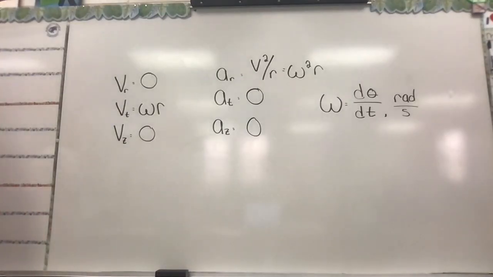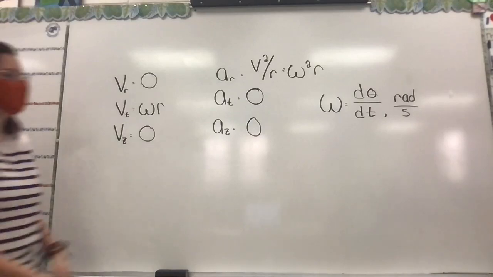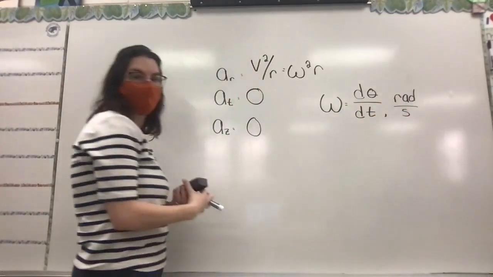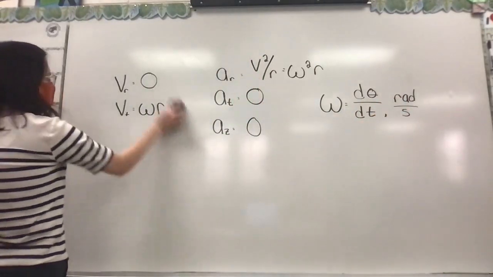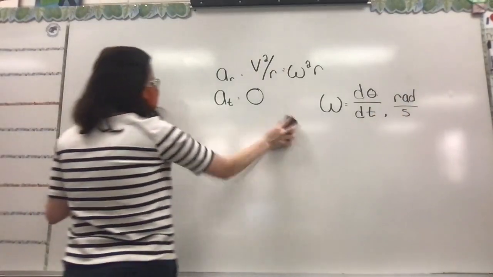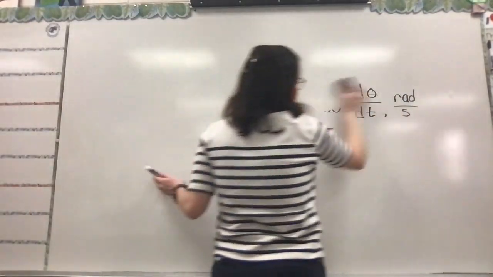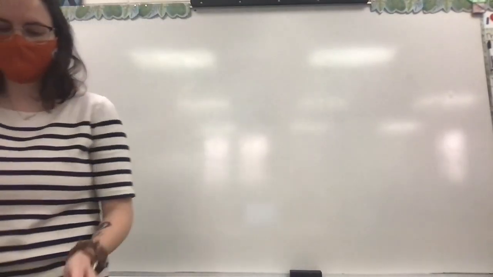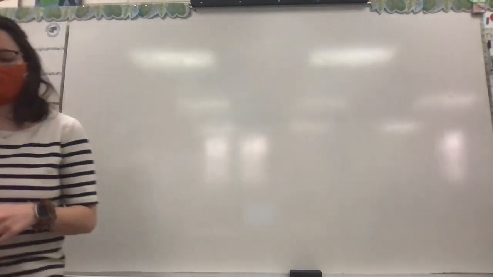Okay, so that's our new unit. We have radians per second for omega, aka angular velocity. So far, so good? And do you see how the theta over t shows us it's radians per second? Yeah? Awesome. Well, then let's keep trucking. How's this feeling to you guys so far? Not bad. Good. Okay.